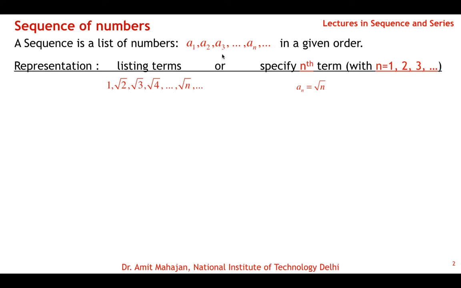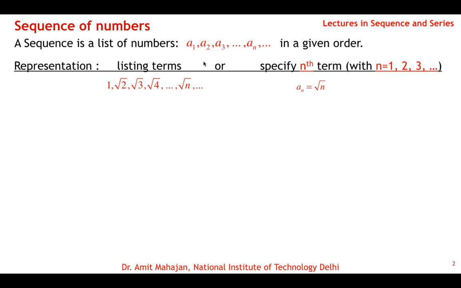The position of the element in a sequence is its rank, or its index, which is a natural number for which the element is the image. So 1 is the index of the first element, then the second position, third position, and correspondingly a1, a2, a3 are the images, or the elements.